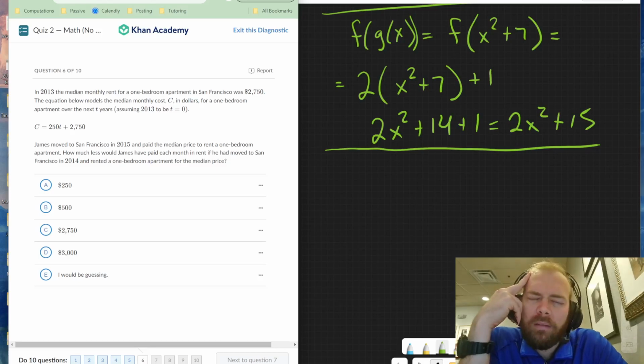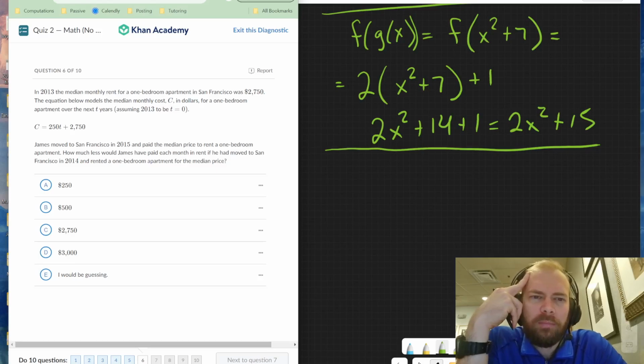Yeah, okay. I don't think there's any tricks, because they really should have specified how much he would have paid in rent initially. Because if he moved in 2014 instead, then in the next year he would be paying more, because you can have your rent raised on you. But I don't think that's what they're trying to go for there.